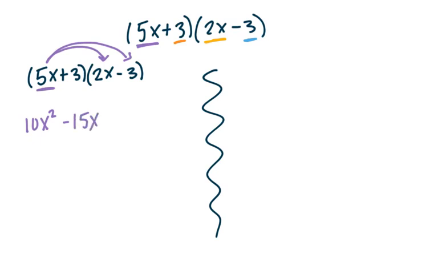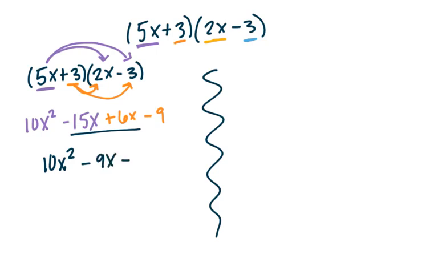We're going to do the same thing now, but I'm going to distribute this 3. 3 times 2x is 6x, and 3 times negative 3 is negative 9. When I'm looking at my product so far, I notice that I have like terms in the middle. They're both just x's, so we can combine those. So we get 10x squared, and then minus 9x minus 9. And this would be our final answer.